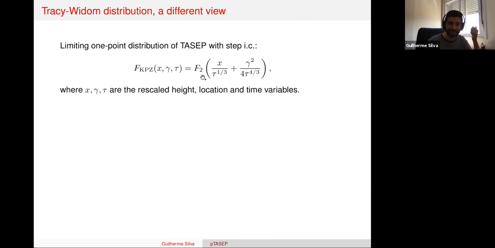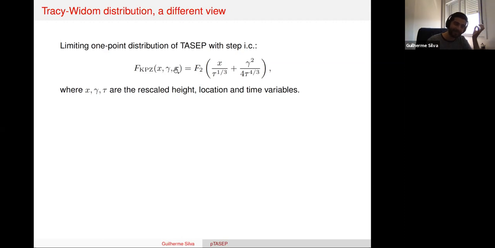So you take this GUE, and then you look at it as a translation of the GUE, where this translation is exactly this form. It involves x here, which is the height variable, tau, which is the rescaled time, gamma, which is the rescaled position, and you combine them this way, and then evaluate the Tracy-Widom distribution, right? And then if you look at that, this is a function of 3 variables.